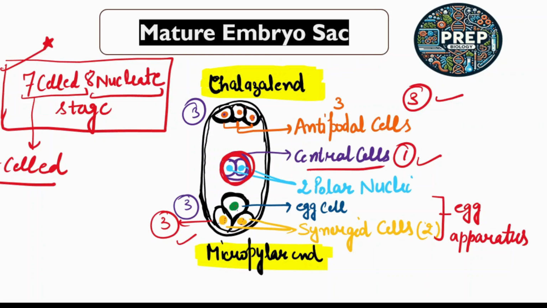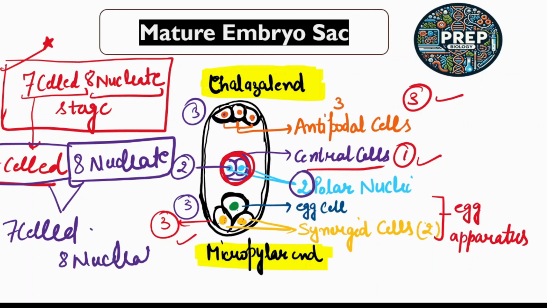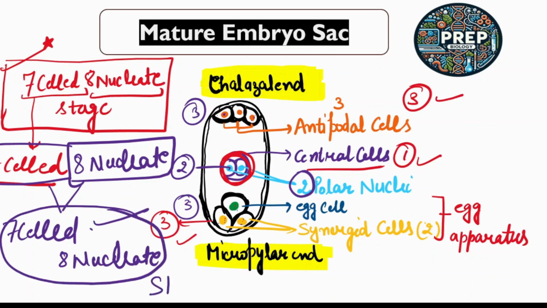And inside the central cell we have how many nuclei? 2 nuclei here. 3 plus 3, 6 and plus 2, 8-nucleate. So when all cells of the mature embryo sac are arranged in this manner, that stage is called the 7-celled 8-nucleate stage. This stage is very, very important.